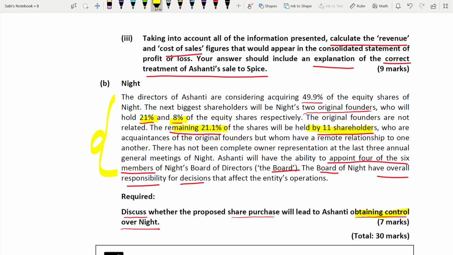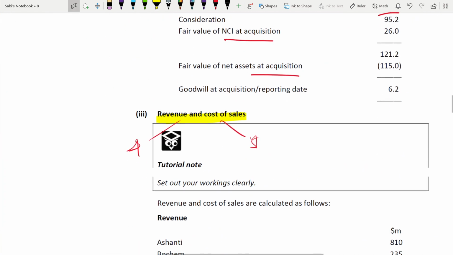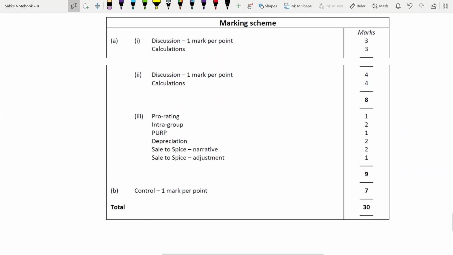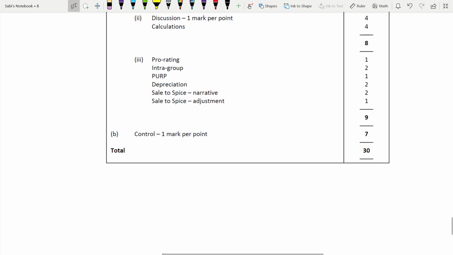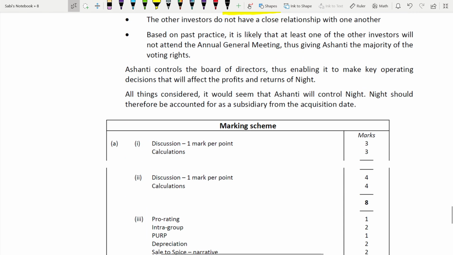So 49.9 is from Ashanti, 21 is one shareholder, 8 is another shareholder, and the remaining 21.1% is in the hands of 11 shareholders. It is widely dispersed. Therefore, together they cannot have a block, because all the 11 shareholders together have 21.1%.